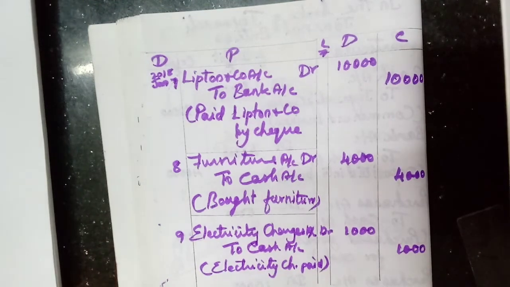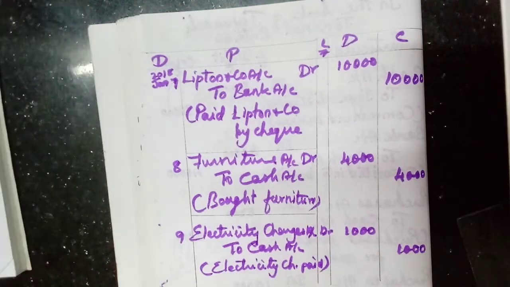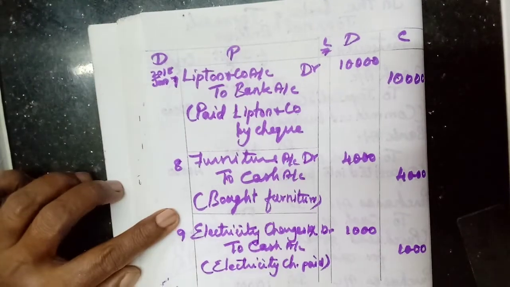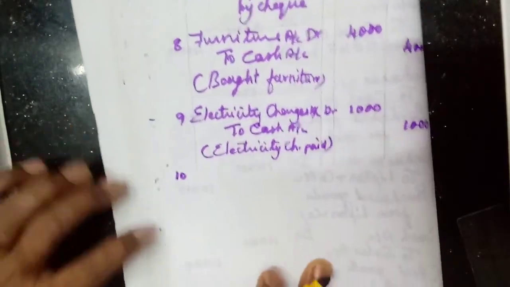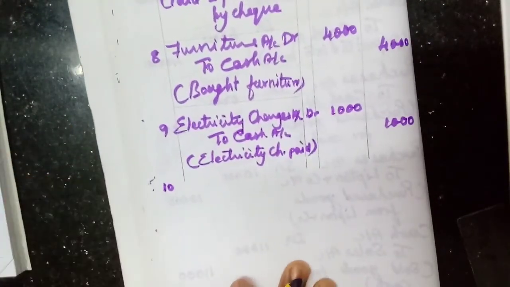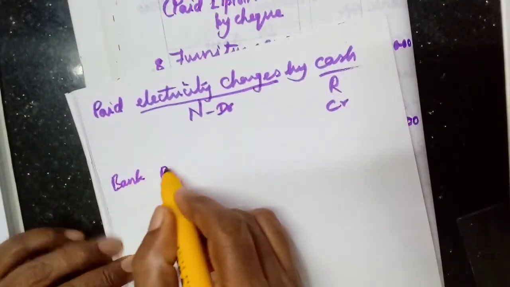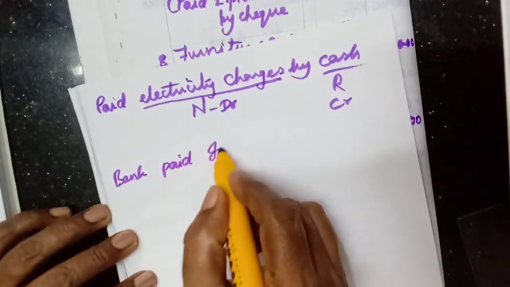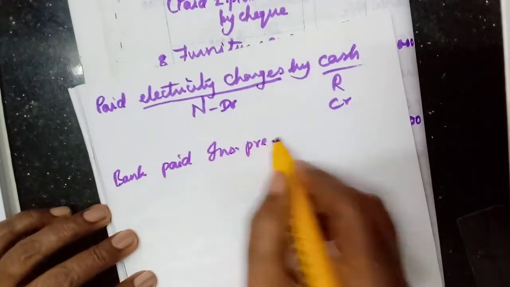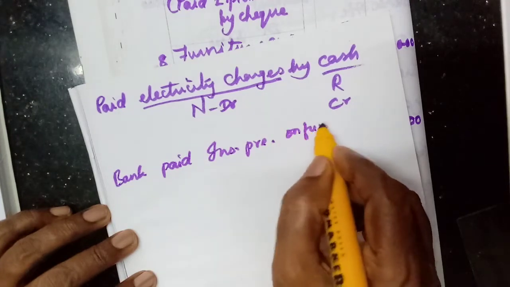Then 10. Bank paid insurance premium on furniture as per standing instruction. So bank is paid. Insurance premium on furniture.